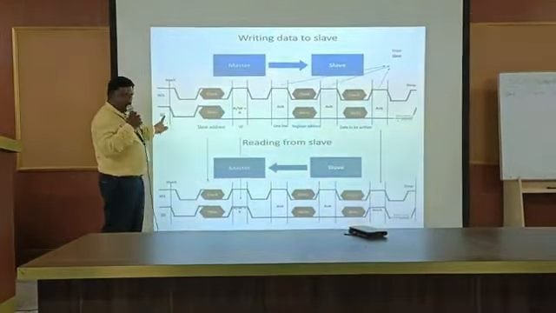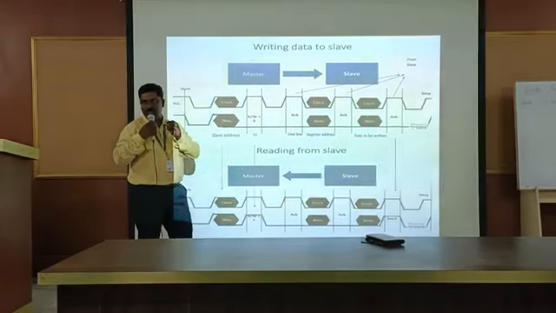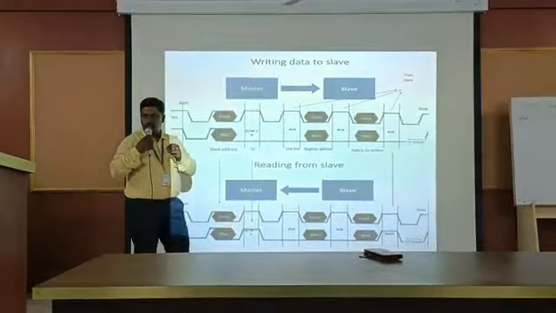And the next one is the slave address. The slave address is 7-bit or 10-bit. 7-bit means we can add 2 to the power of 7 slaves to the master. Next to the slave address is read or write.